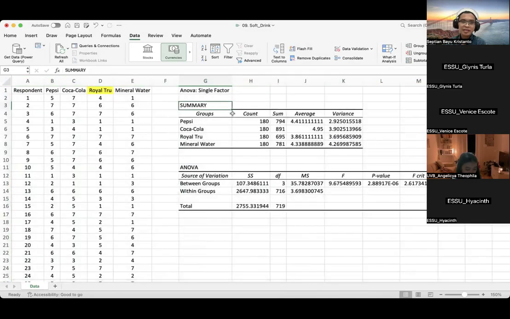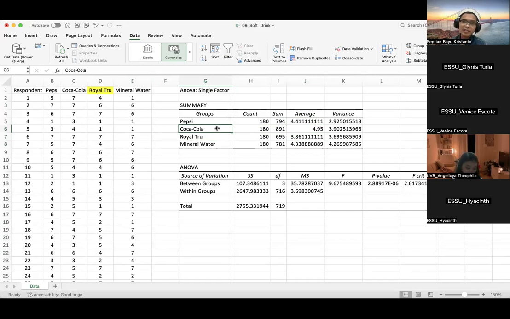Okay, this is the analysis of our four observations: Pepsi, Coca-Cola, Royal True, and mineral water. For the average, it is very clear that the highest score is taken by Coca-Cola, because Coca-Cola is a global brand.